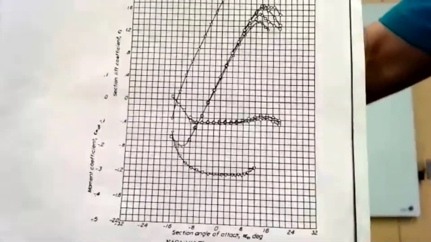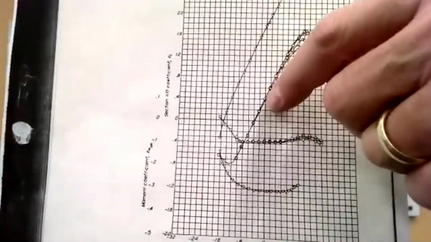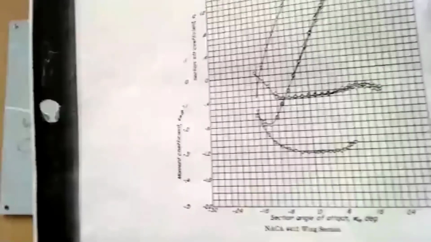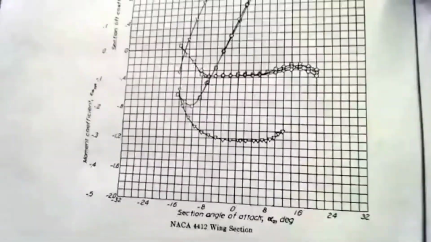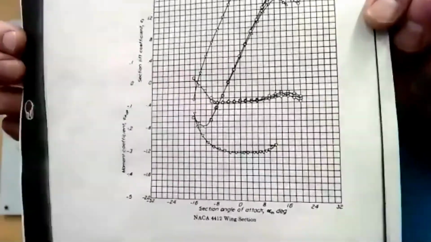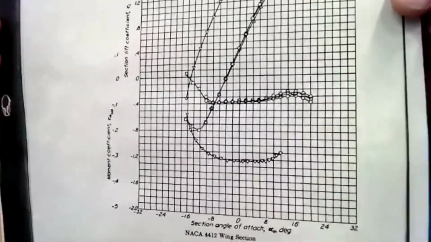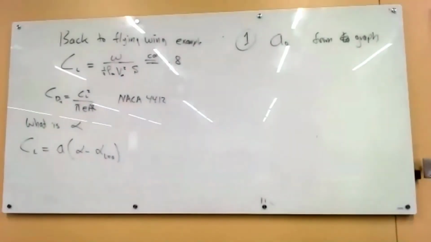Okay, so that's what I want you to do. I want you to get me the slope of that line right there. Or if you have your book, you can look this up in the book.